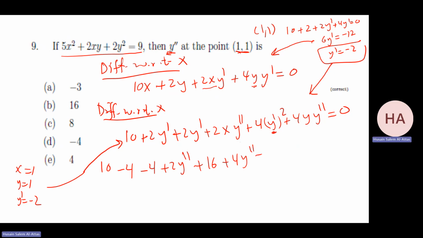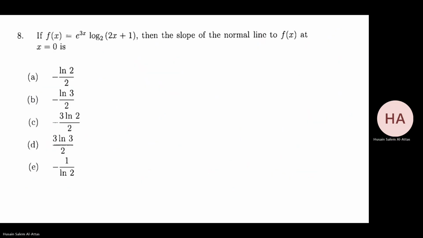All of this should be equal to 0. So I have 6y''. Here I have 16 plus 10, 26, minus 8, that is 18. I take it to the other side, that is minus 18. So y'' is minus 3, which is this one.